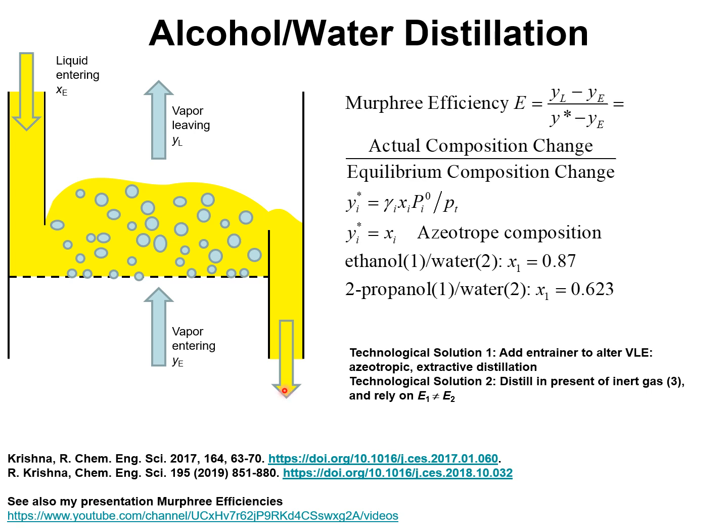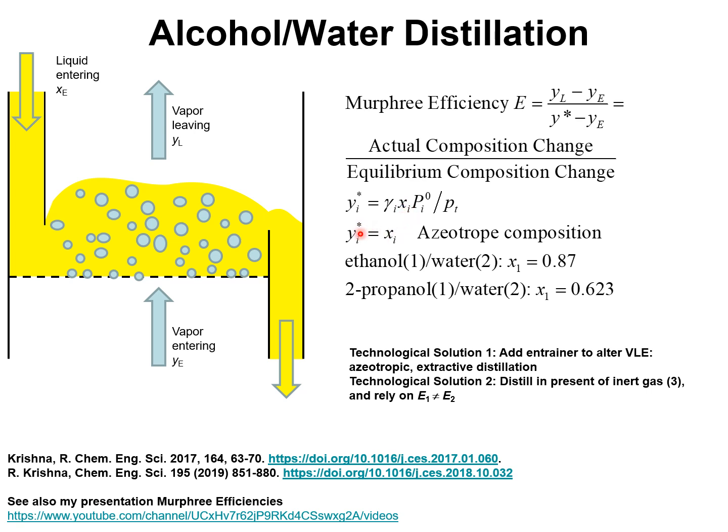Now, for a liquid mixture of azeotropic composition, the vapor-liquid equilibrium is described by this relationship where Y star is the composition of the vapor phase in equilibrium with the liquid phase of composition Xi.